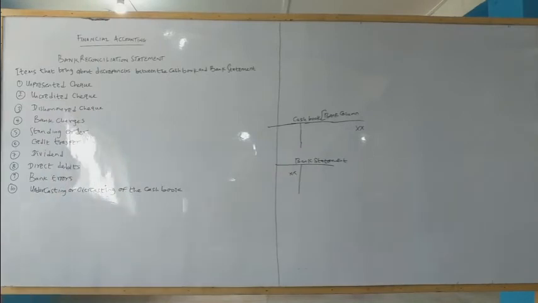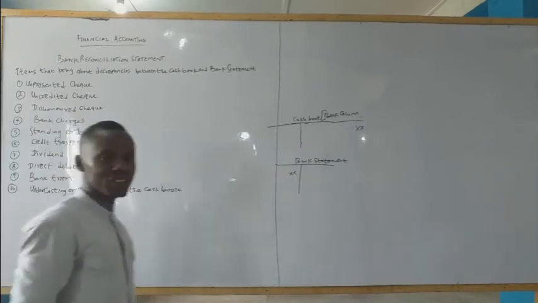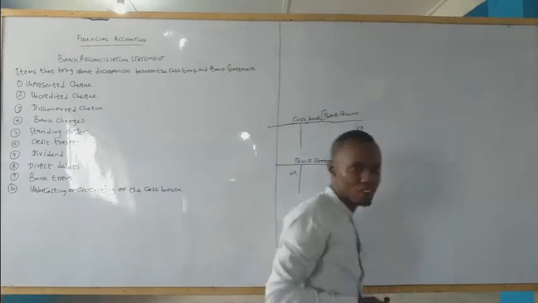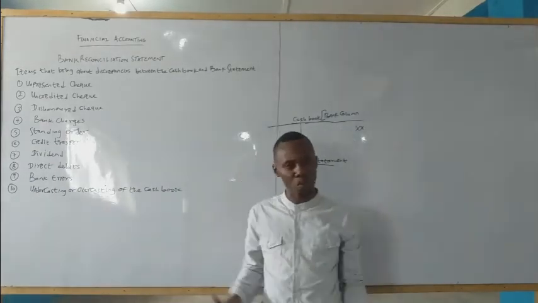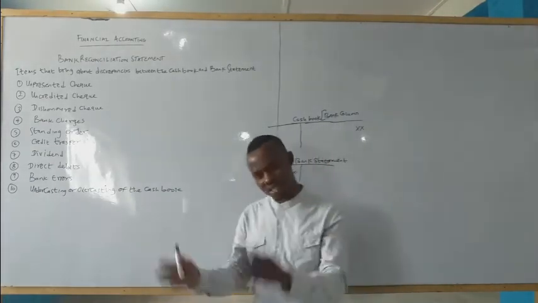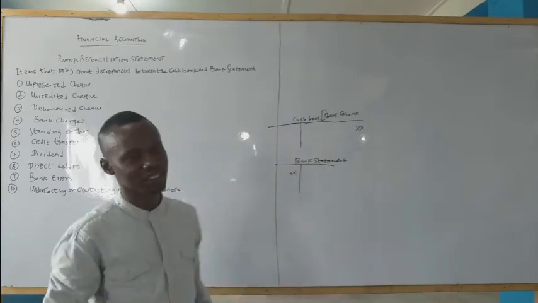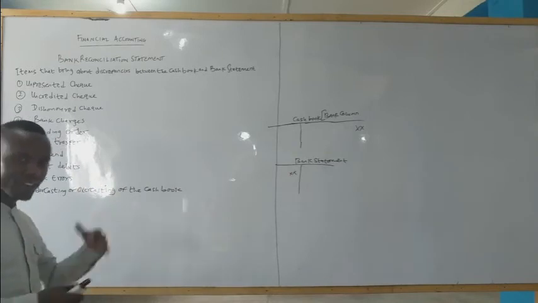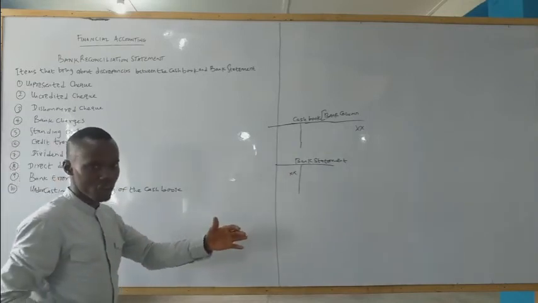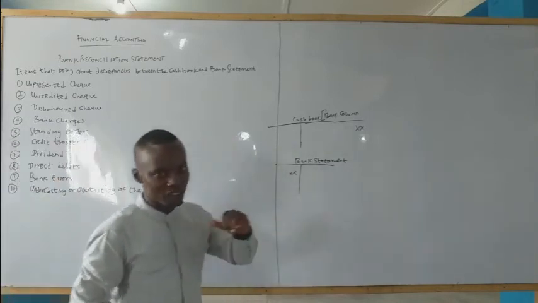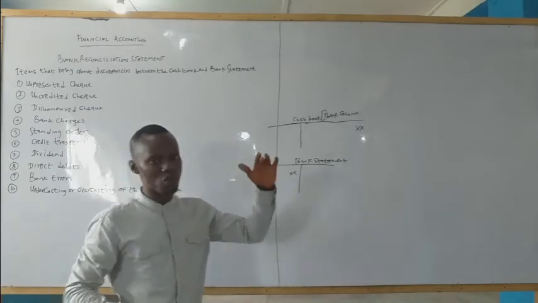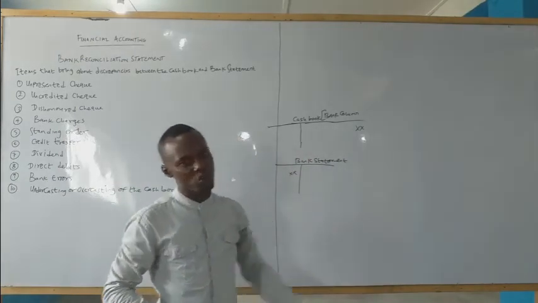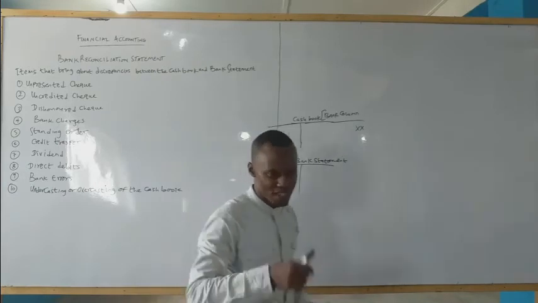Then your standing order, the same thing. A standing order is just an order you give to the bank to pay on your behalf a certain sum of money to a specified person at a specified date. I am the one giving an order to the bank to pay a certain amount of money to a certain person at a specific date.